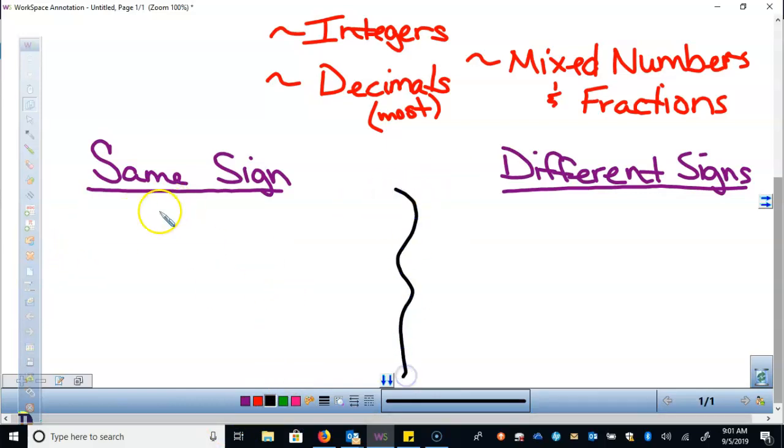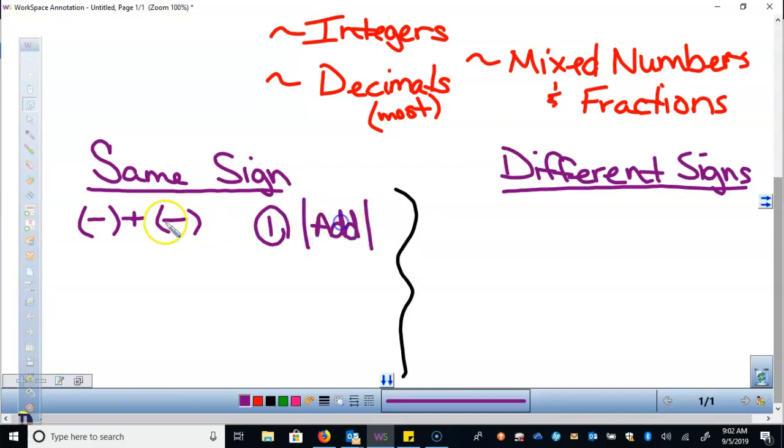When we have values that have the same sign, so we're looking at two negative numbers being added together, whether they're decimals or fractions or mixed numbers, it doesn't matter, but they're two negative numbers, we are going to first add their absolute values.